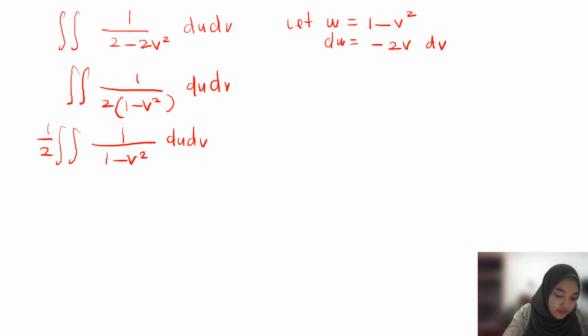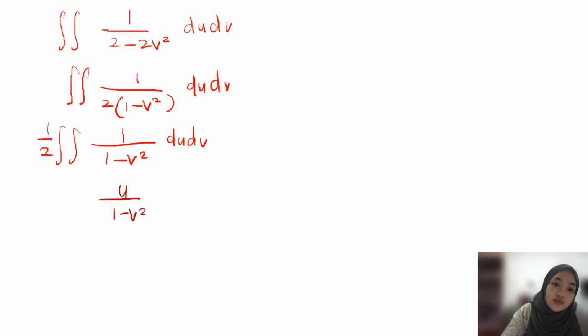But we have to integrate with respect to u first, so no need to put this one since we integrate with respect to u. So you will get u over 1 minus v squared. You substitute the numbers 3 until 5, dv, 1 over 2.